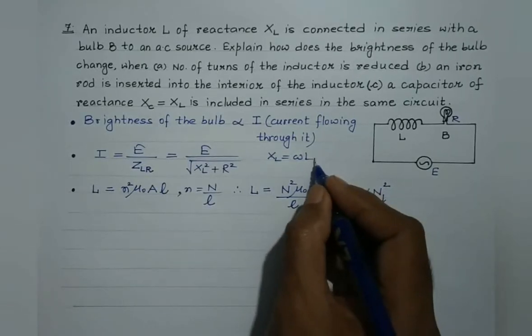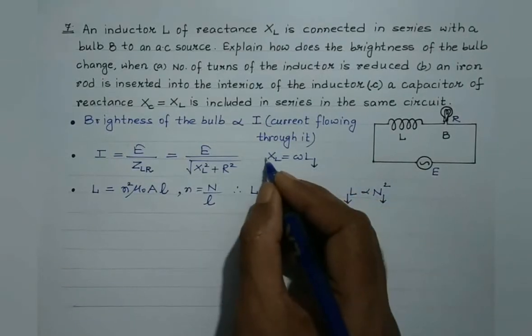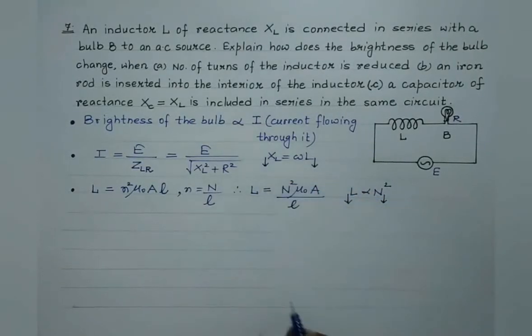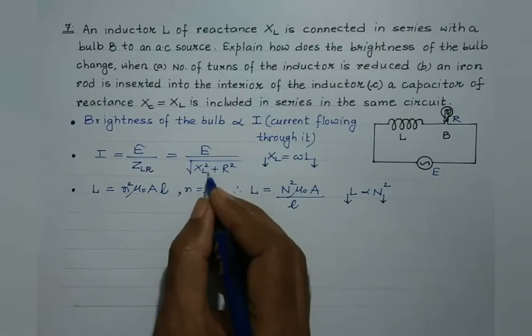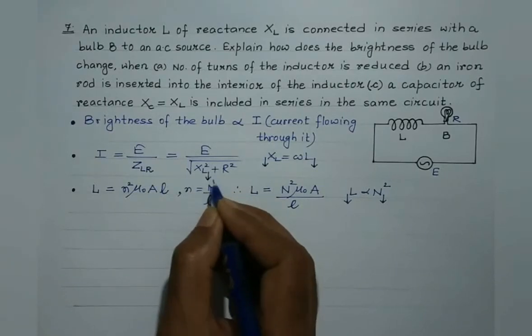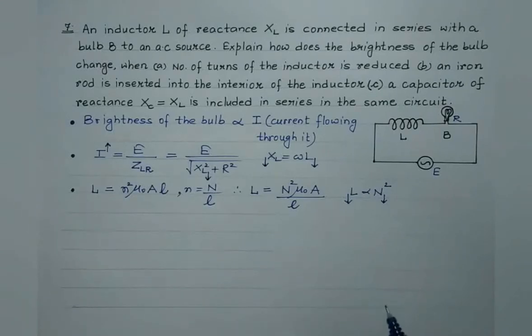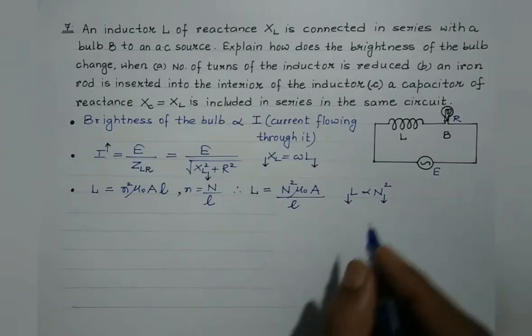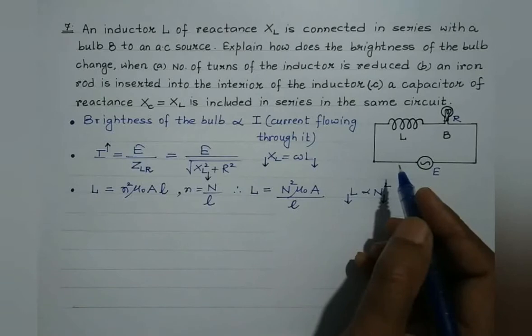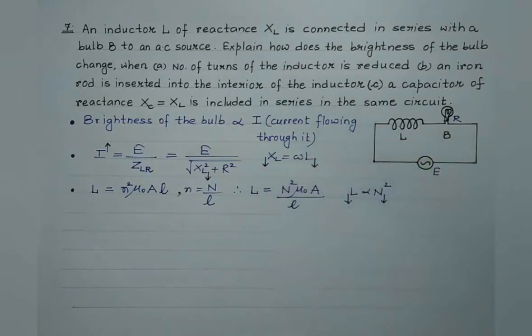With the reduction in the value of the inductance, XL will also get reduced. Now with the reduction in the value of XL, the current will increase obviously. Isn't it? The current definitely will increase. So in this case, the bulb will start glowing with greater intensity.